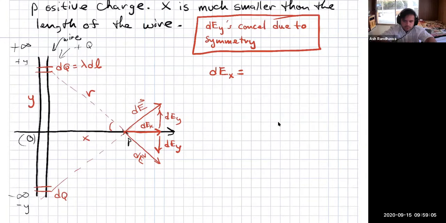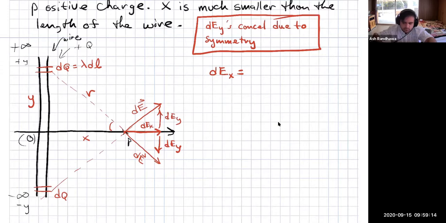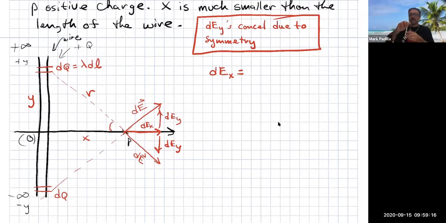A is a radius. We're on the y dimension. We're dealing with just a wire, not a ring. So if this is theta, that would be theta. Theta here, theta here.